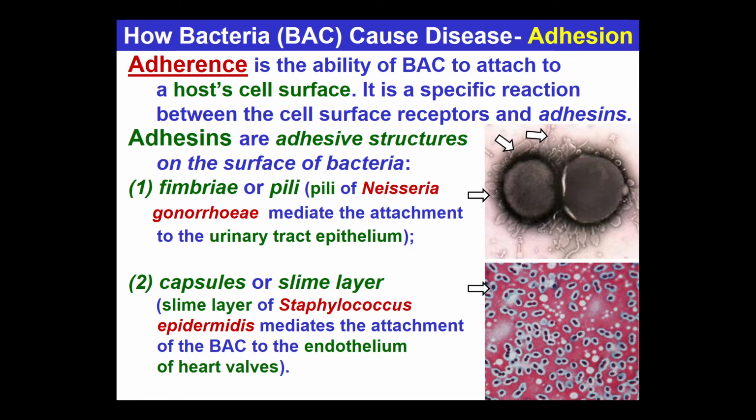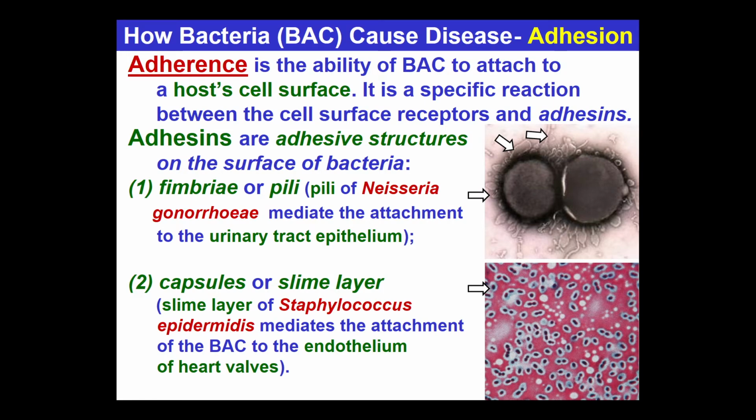On the other side, the capsule material surrounding bacterial cells attaches these bacteria to the surfaces of human cells. Slime layer is a very large capsule that serves as a common shell surrounding a group of bacteria.